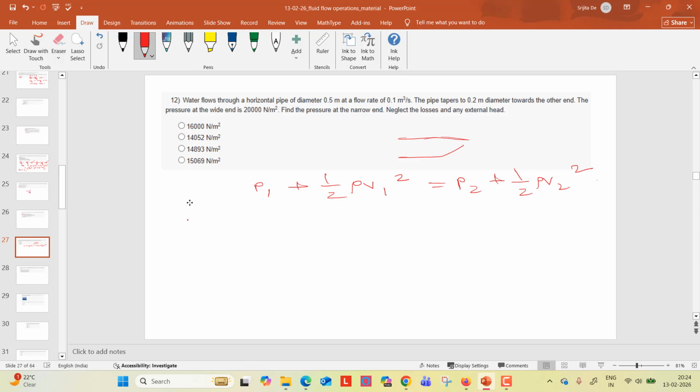So the equation will be P1 plus half rho V1 square equals P2 plus half rho V2 square, right? So P2 minus P1 will be half rho (V1 square minus V2 square). So P2 minus 20,000 equals half rho, water being 1000, times V1 square.